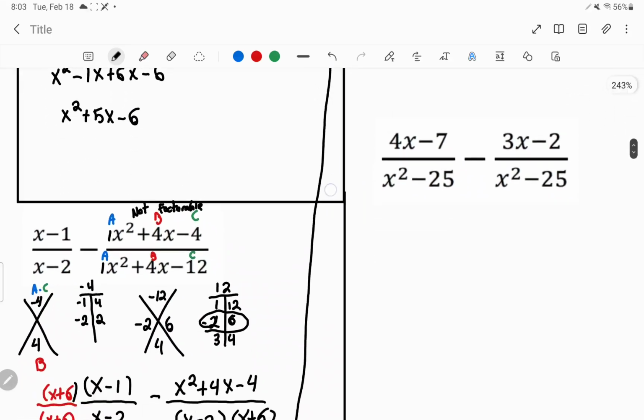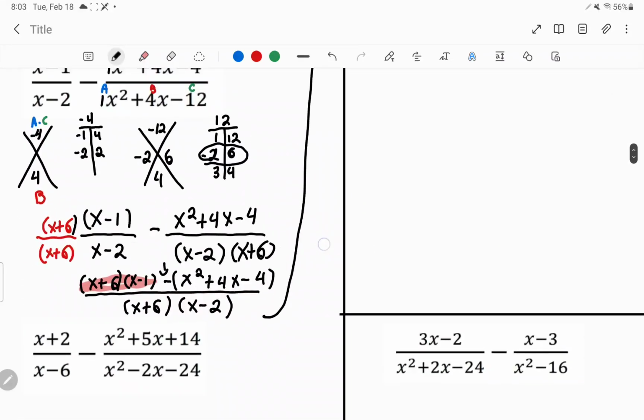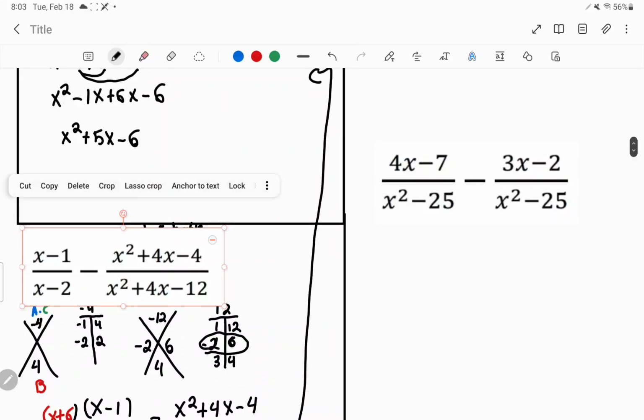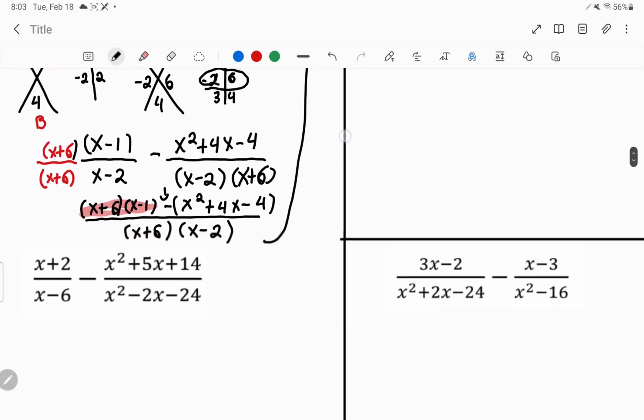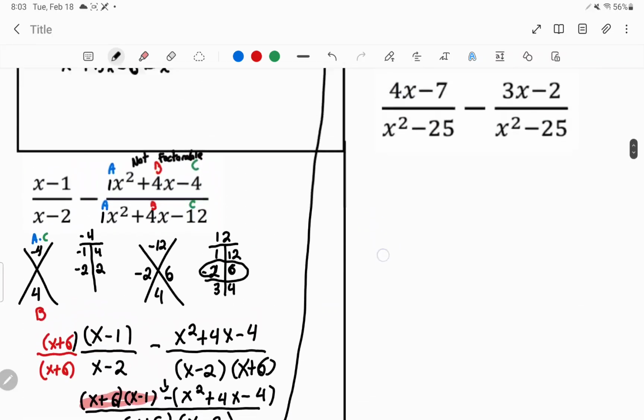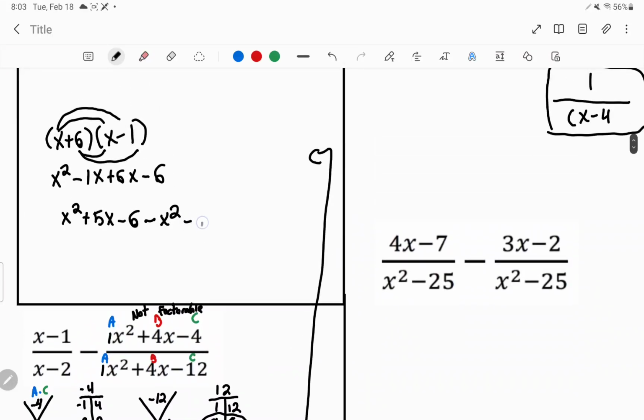Now we write the other stuff that we had, which is going to be x squared minus x squared, because we're going to have to change the signs, right? And that was a positive 4, so now that one turns into negative 4x plus 4.